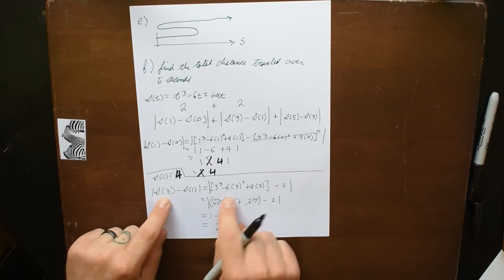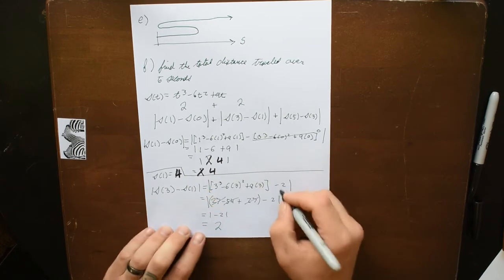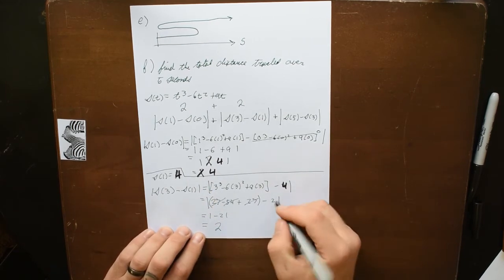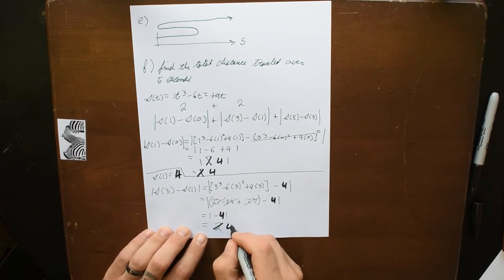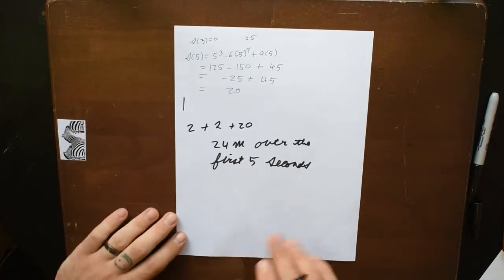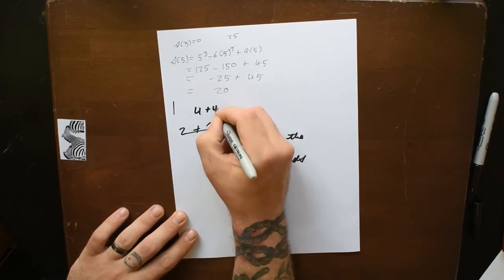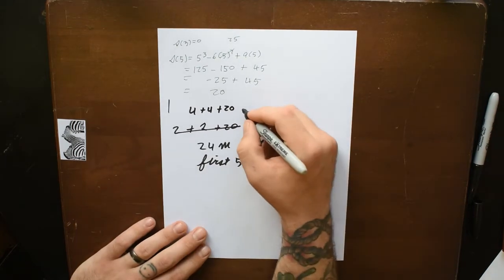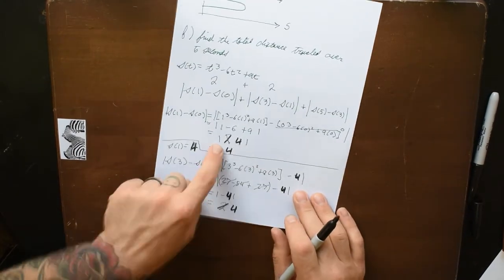So when we do S of 3 minus S of 1, S of 1 still equals 0, so we get negative 4, which turns into a positive 4. So on the back side, that one was correct. We actually get 4 plus 4 plus 20, which equals 28 meters over the first 5 seconds. Sorry about that. Got excited.